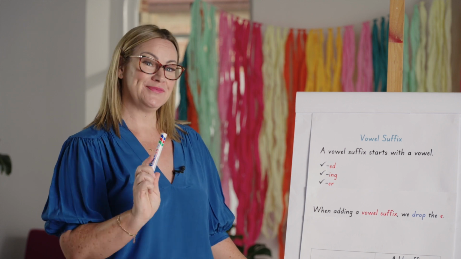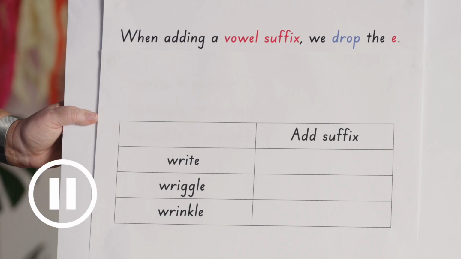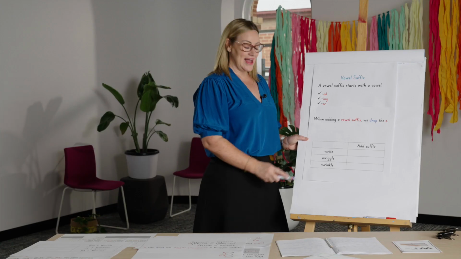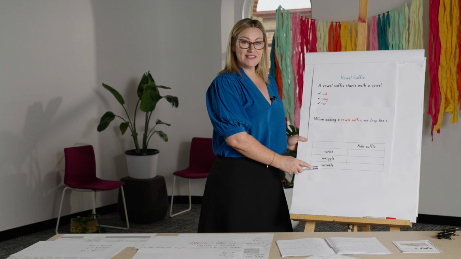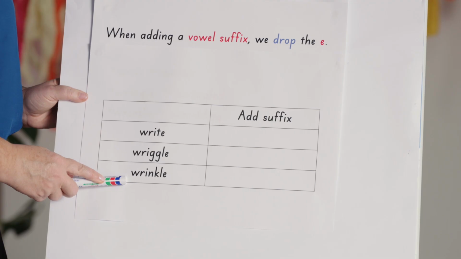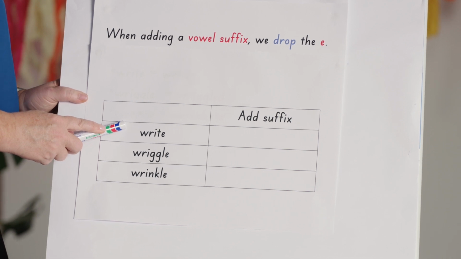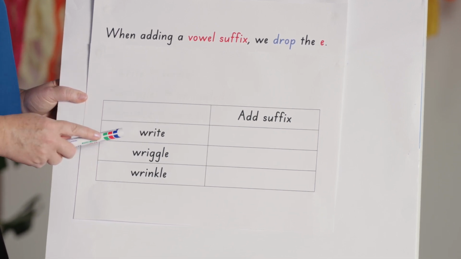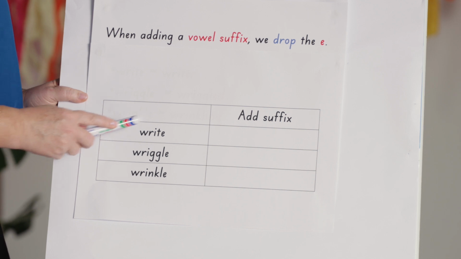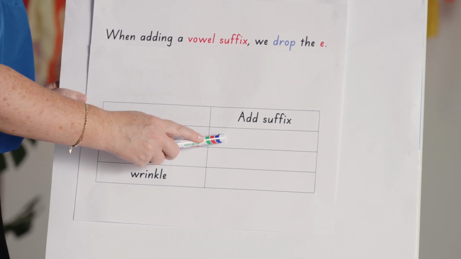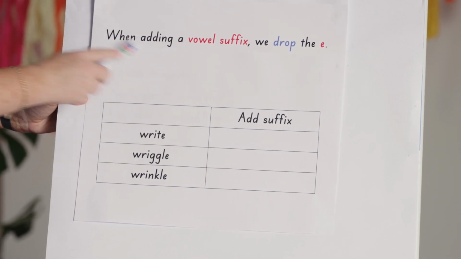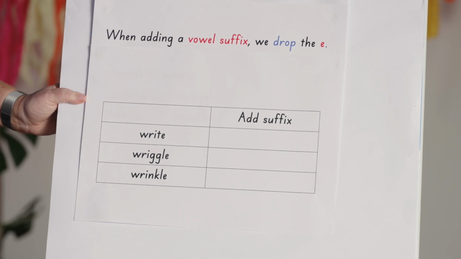Write the words. All right, these are now written on your page. I would like you to add the suffix er to write. So write will become writer. Can you use this rule and write the word?